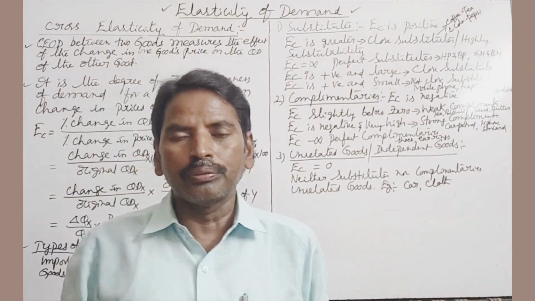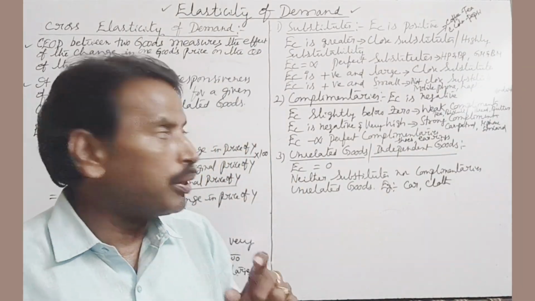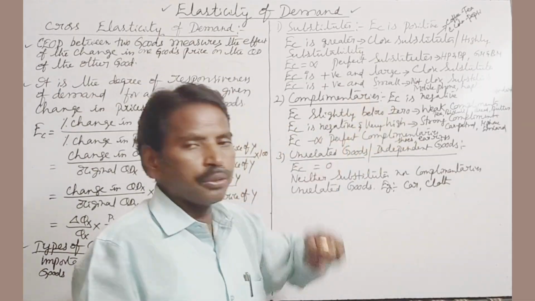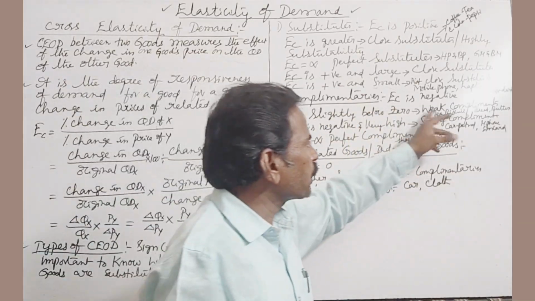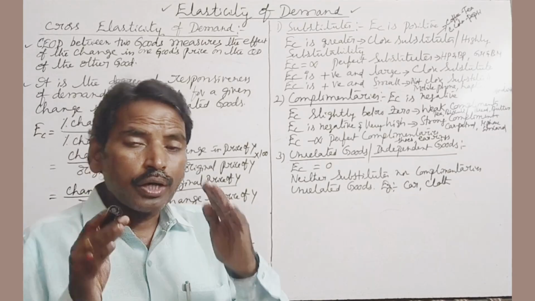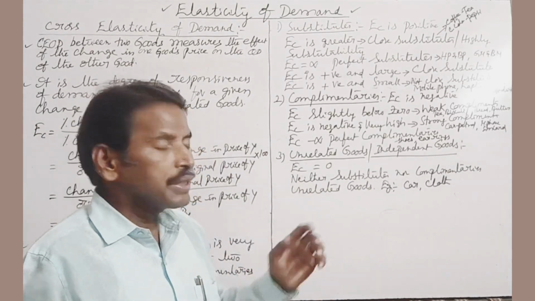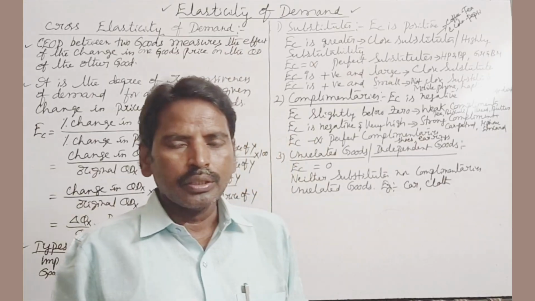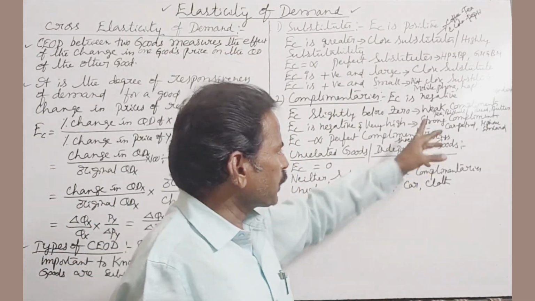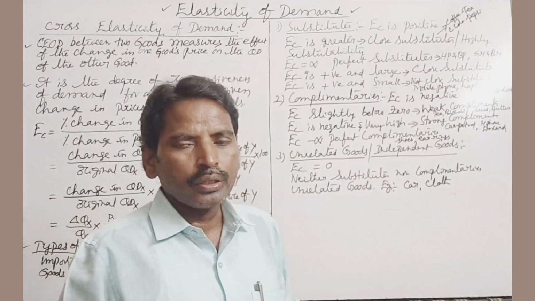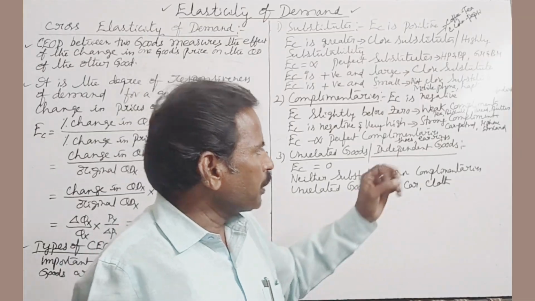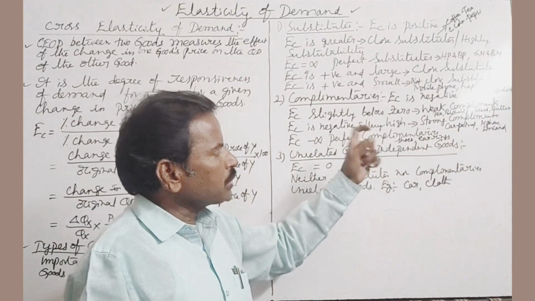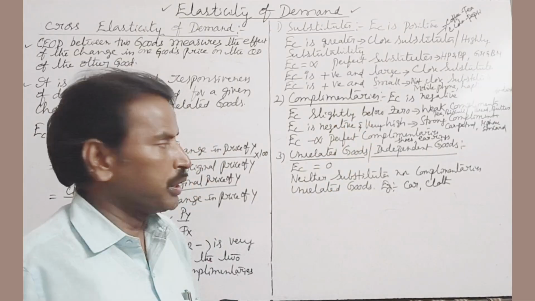Cross price elasticity of demand is negative. If EC is slightly below zero, the goods are weak complements, for example tea and biscuit, and bread and butter.